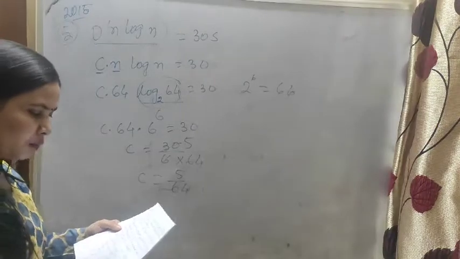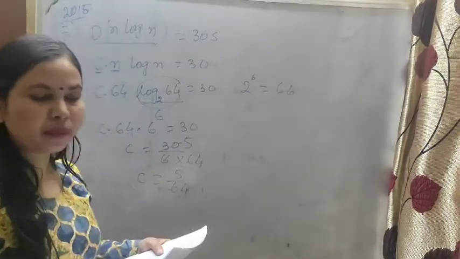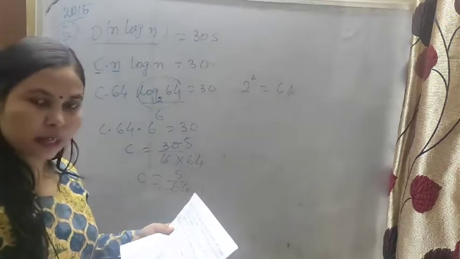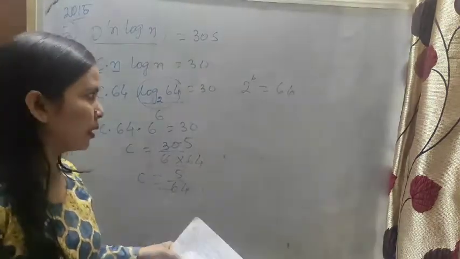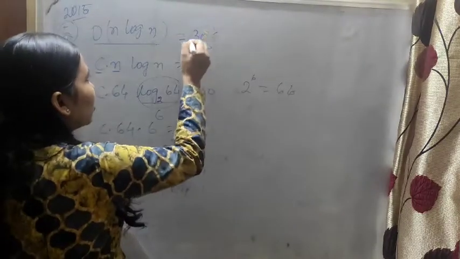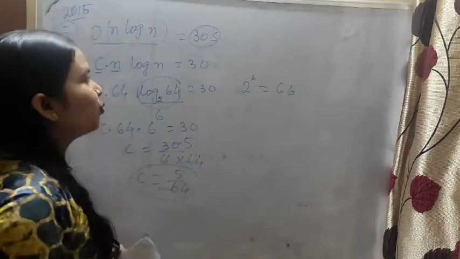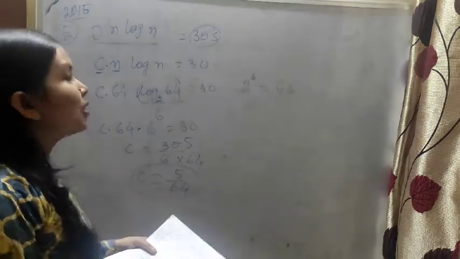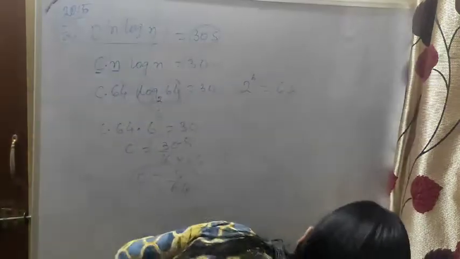Now, the question: which of the following most closely approximates the maximum input size of a problem that can be solved in 6 minutes? Our constant is 5 by 64. So in 6 minutes, what is the input size?